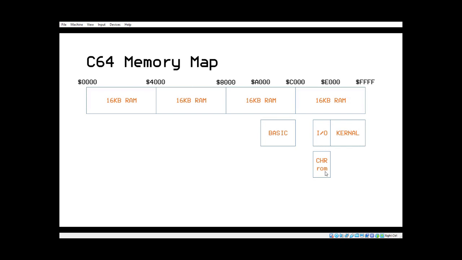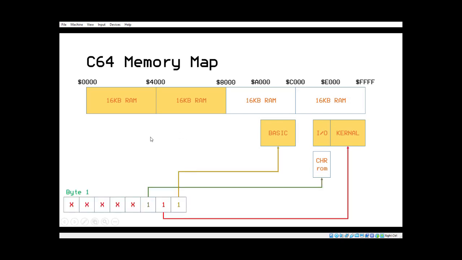It's only visible by default to the VIC chip. So this is how it's configured when you switch it on. As you can see, the input output is the chipset that is available when you switch it on, not the character ROM. The character ROM is not available to the 6502 at this time.